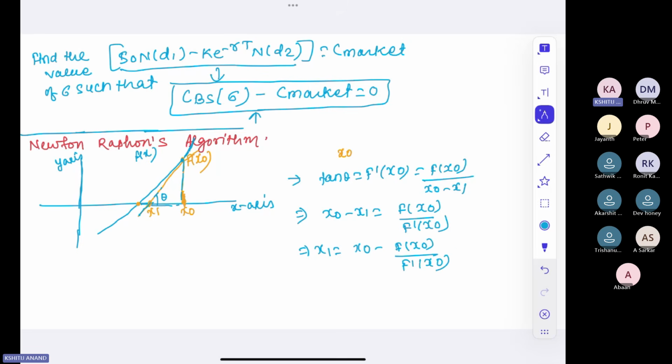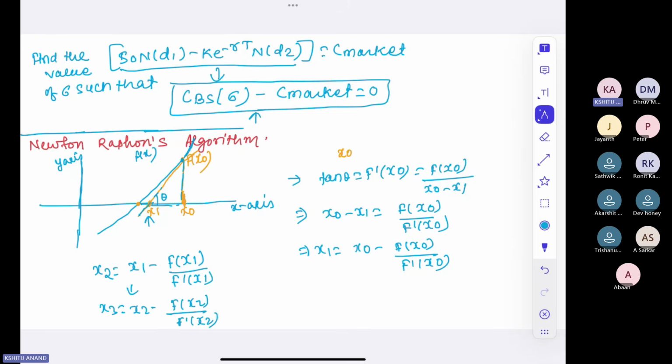And then you see that you have reached closer to the root. Again, you will be updating: now your next estimate will be x1 minus f of x1 divided by f dash of x1. Similarly, x3 is equal to x2 minus f of x2 divided by f dash of x2.